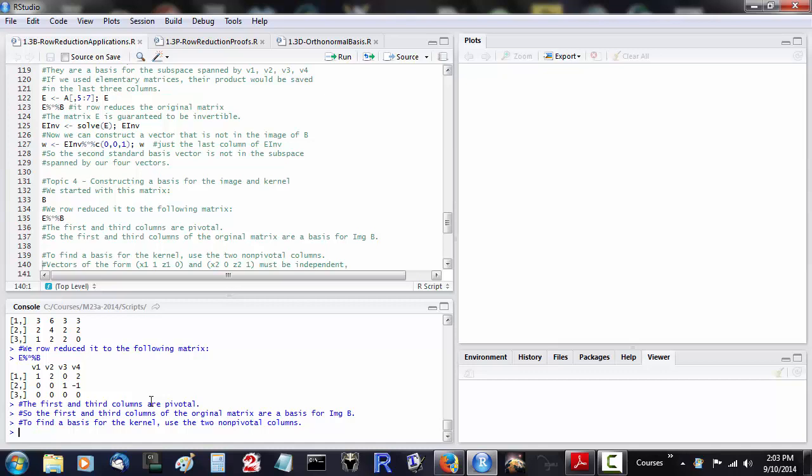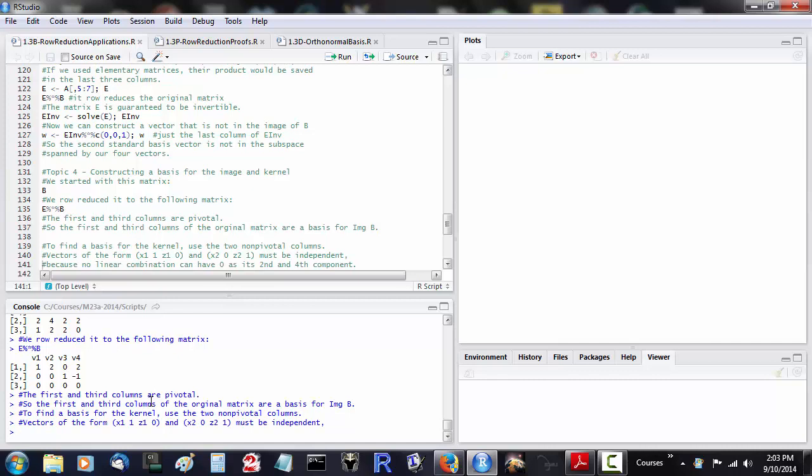This is discussed in detail in the textbook and also described in Kate's preview video. I'm going to show you how this algorithm works when you have a computer to help you out. I focus my attention on the non-pivotal columns, the second column and the fourth column, and I construct a pair of prototype basis vectors for the kernel that have basically the 2 by 2 identity matrix in the second and fourth positions.